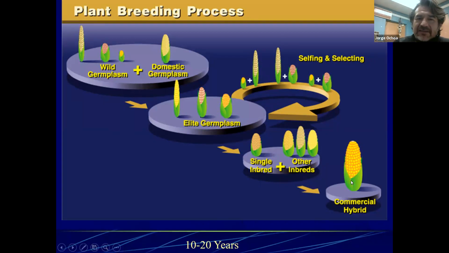And so it is a very long, tedious cycle of selecting plants, growing them, their offspring, selecting the best ones, keep crossing them, all done in a controlled environment, hopefully, so that you know what traits are going into what, and hopefully a bee is not going to contaminate the work.